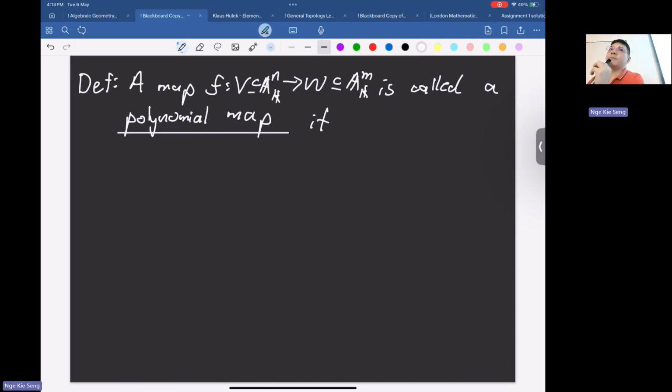What's this map? You can find yesterday's notes. Lecture 9. Who can help? What's the definition?